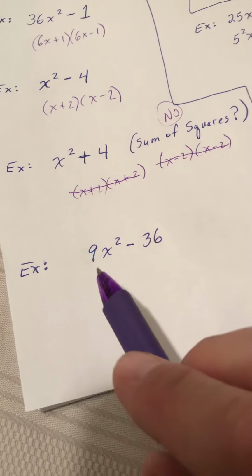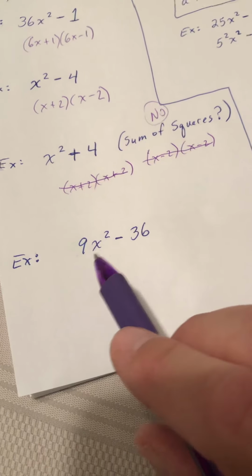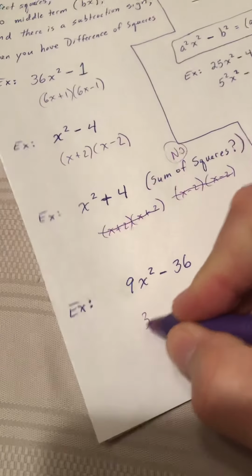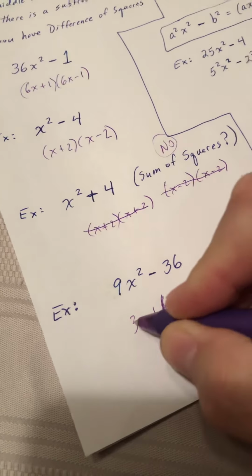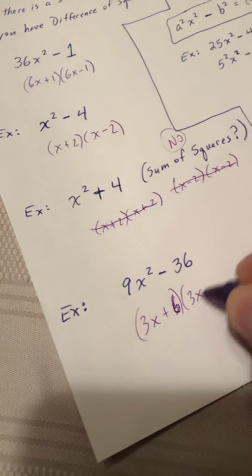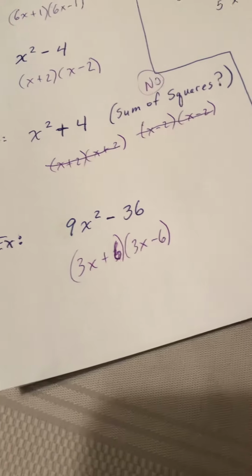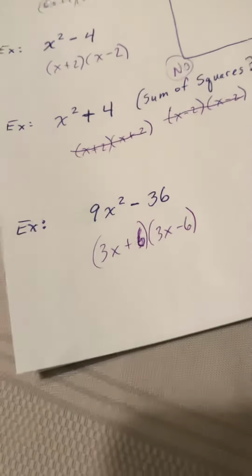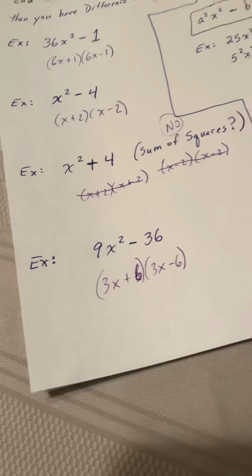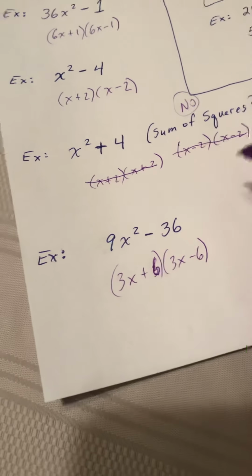Let's see. Perfect square, minus sign: 3x plus 6, 3x minus 6. Oh, wait a minute. I wanted to show you this because sometimes things can factor twice, or we can factor out before we start. Did you already catch that? That would be good if you did. If you didn't, that's fine.